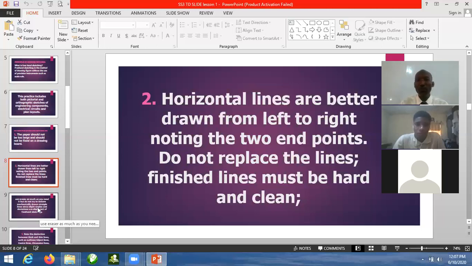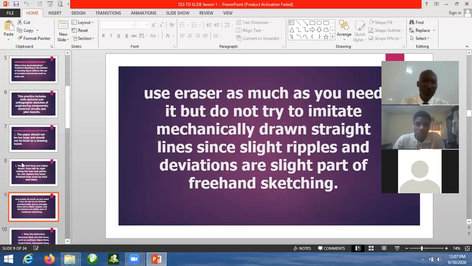Now the third principle: use the eraser as much as you need it, but do not try to imitate mechanical drawing. When you are going on a freehand sketch, it is permitted that you use the eraser as much as you want, because you are not perfect.